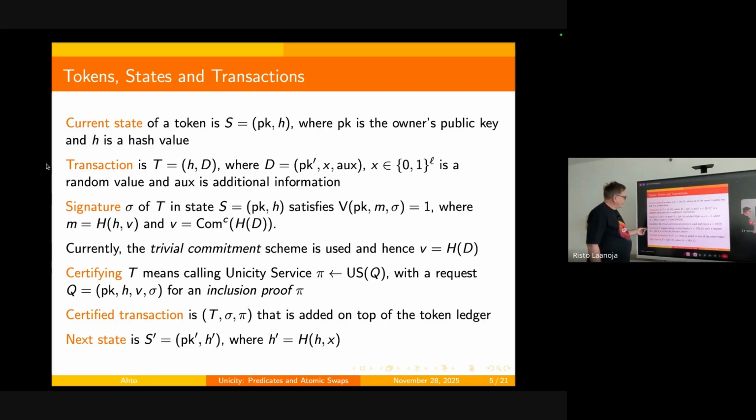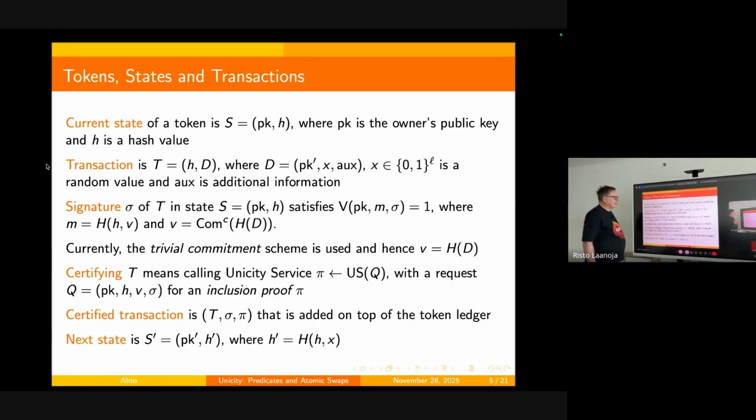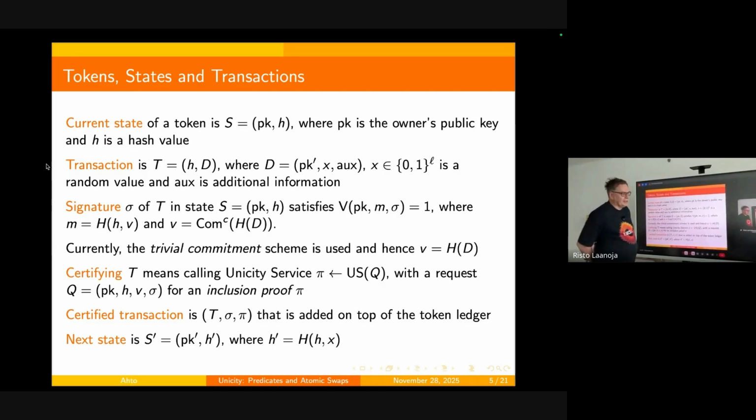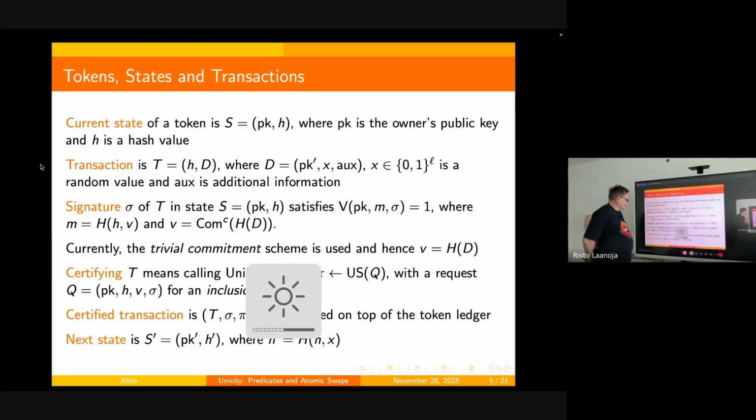Now this is not all we have to do for a transfer. We have to certify the transaction by registering it in the Unicity service, which is implemented as a sparse Merkle tree.